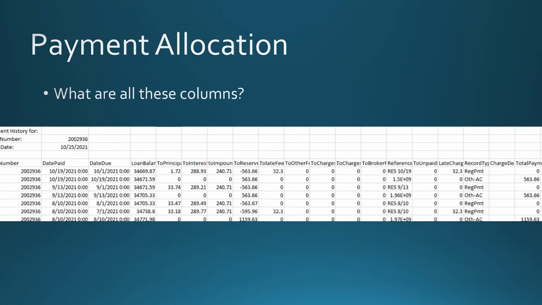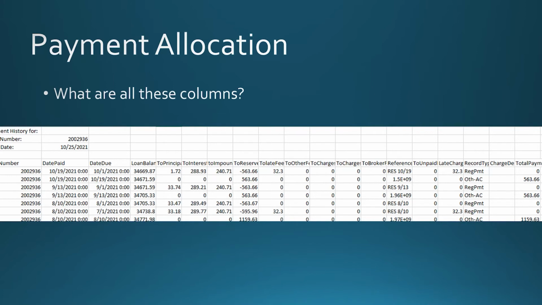There's a column for loan balance. You can see that steadily dropping over time, which is what you want. That kind of implies the loan is probably current, so the borrower is making payments, and a portion of those payments are going to principal.